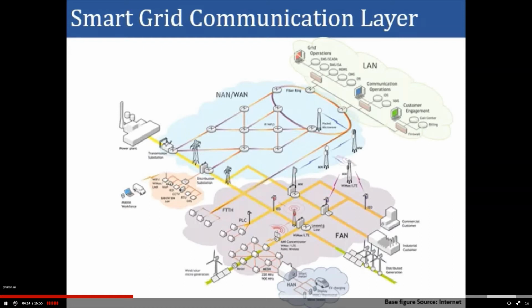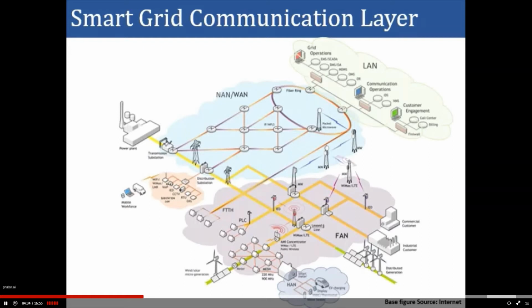That is again similar to the GPRS network, where the MPLS protocol is utilized to give priority for the data packet to travel from the substation to the control center.